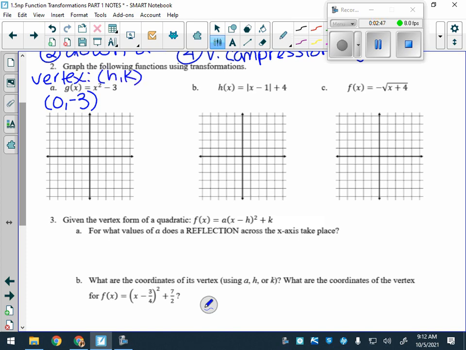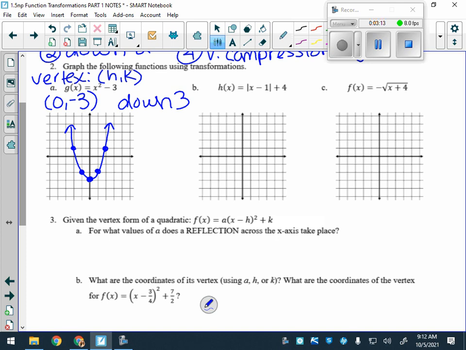Okay? So what direction did this graph move in? Lily B. Yep. Okay, this went down 3. So we have 0, -3, and all the points move down as well. And that's our graph. Okay?